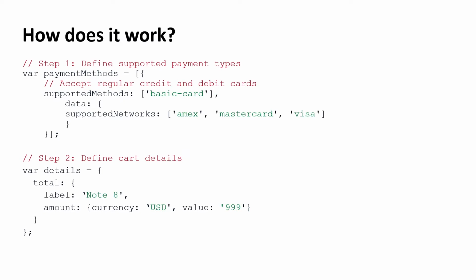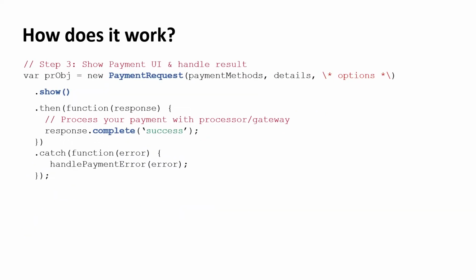And for the details, I use the smartwatch, but this slide shows a Note 8 and the value of that product. With the payment method information, which was basic card, and the details, which was the product information, you can make the payment request object.